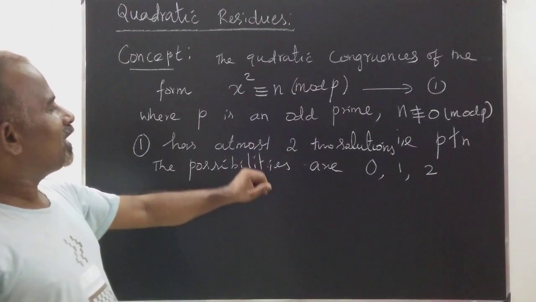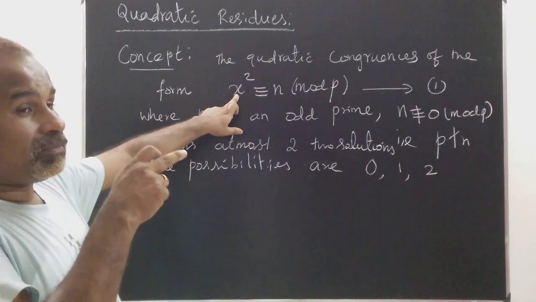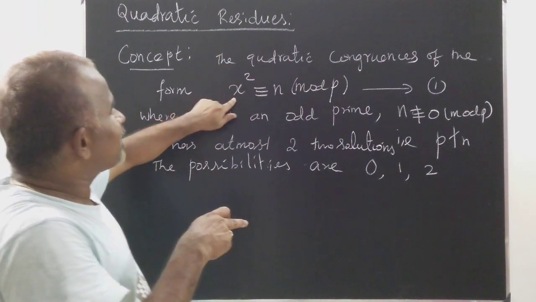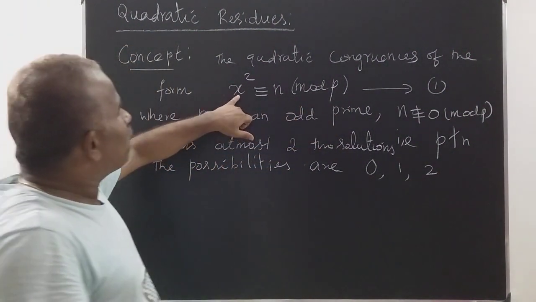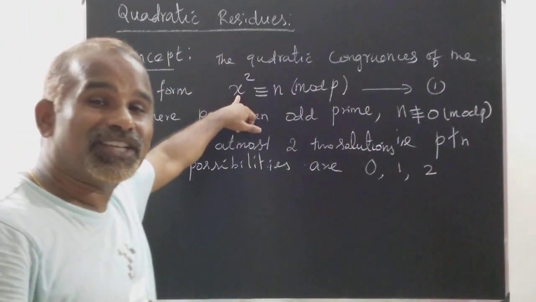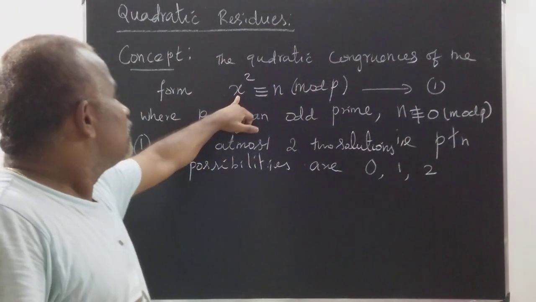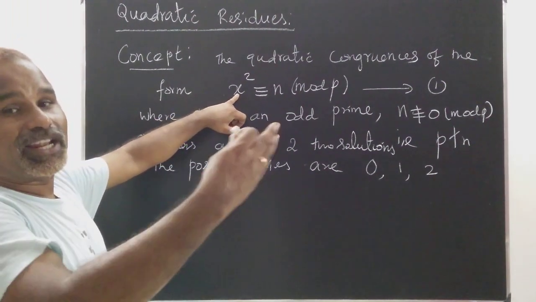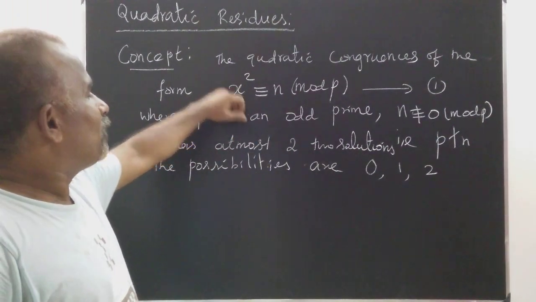Okay. Here, suppose x is a solution. Suppose x satisfies this equation, then minus x also satisfies this equation. So x and minus x are two solutions.